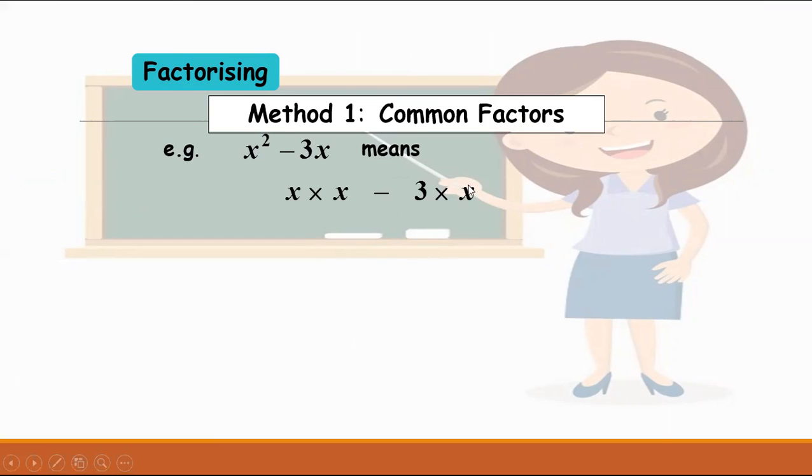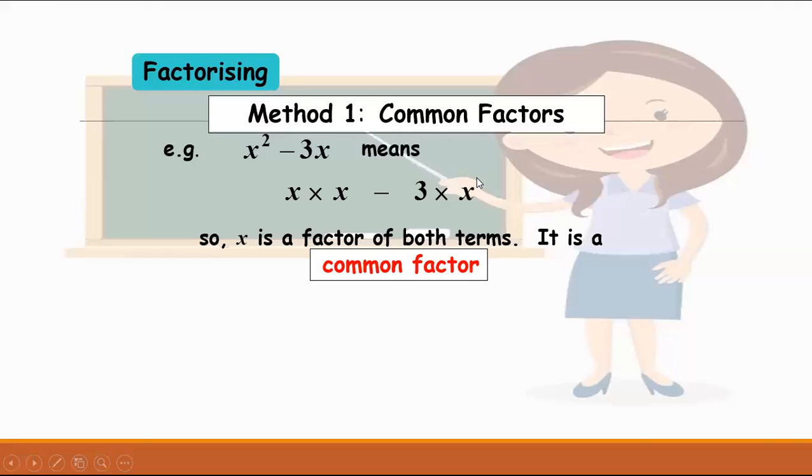What is common between both these terms? x is a factor of both terms, which is a common factor. So we take x outside the bracket, and what is left goes inside. So x bracket x minus 3 is the factorization of the expression x squared minus 3x.